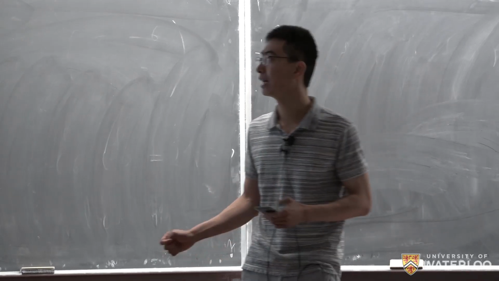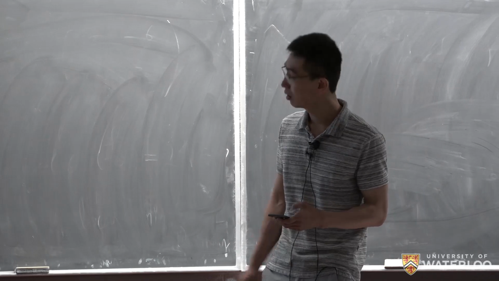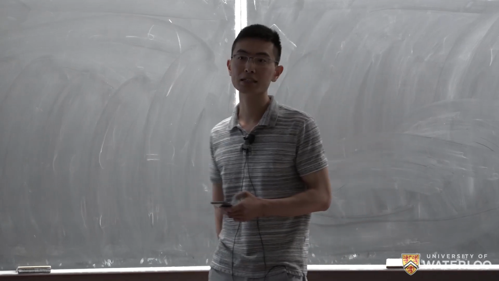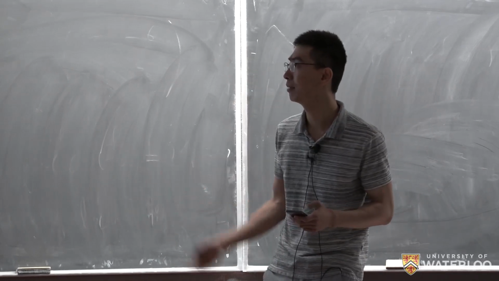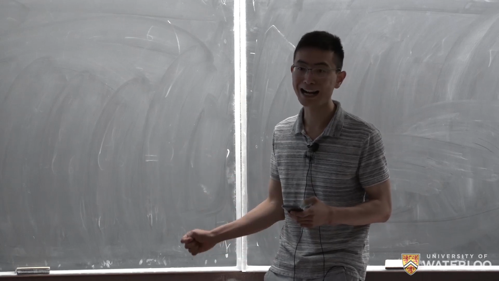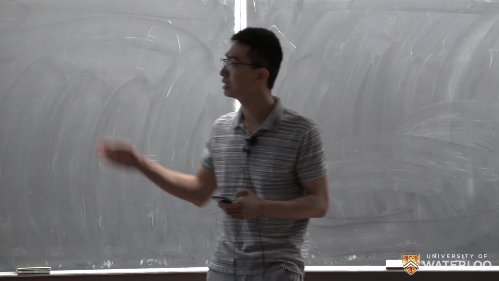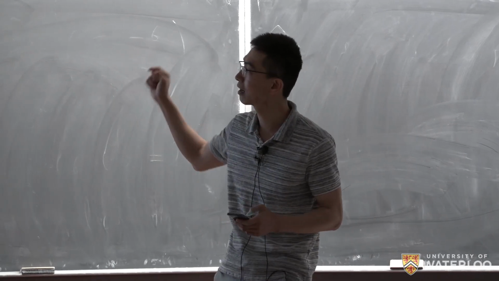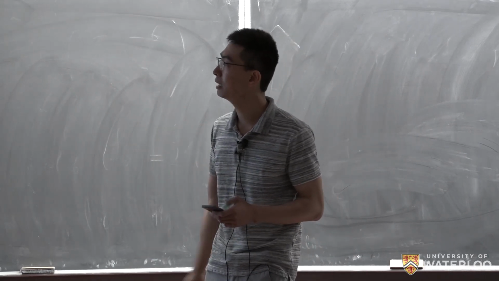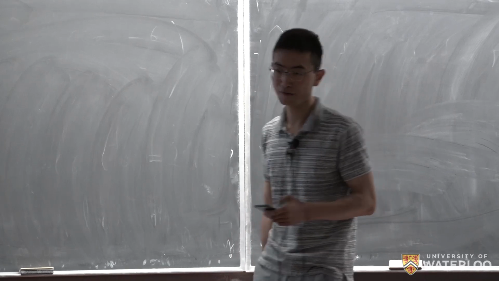So firstly, we are wondering if we can use a similar manipulation in the option framework to find options similar to this kind of theorem. So firstly, let's define the option framework.